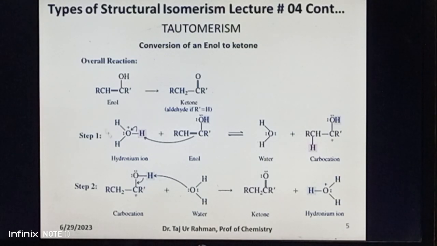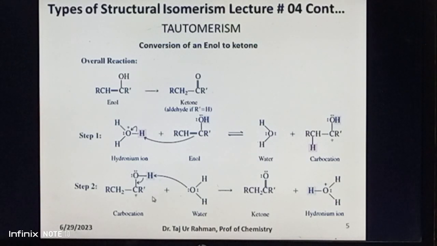This reaction is completed again in these two steps. The first one is reversible while the second one is irreversible. In the first step, a proton is transferred from this hydronium ion to the double bond of this enol and gives a carbocation, and a water molecule is generated.